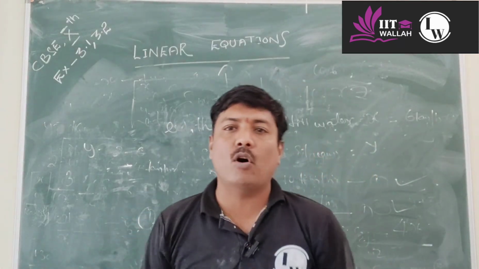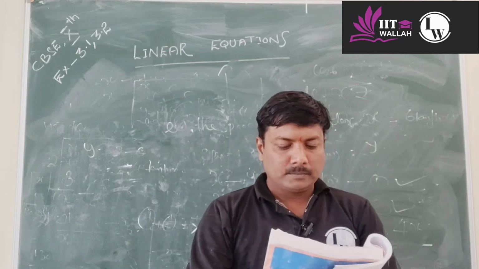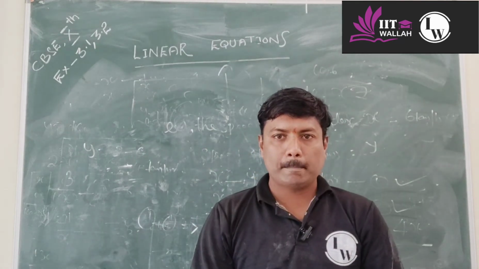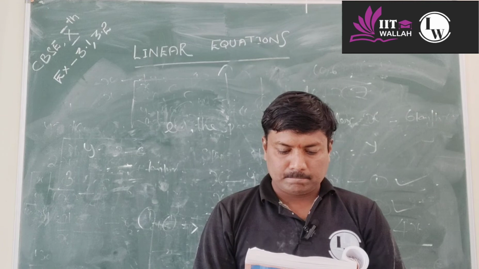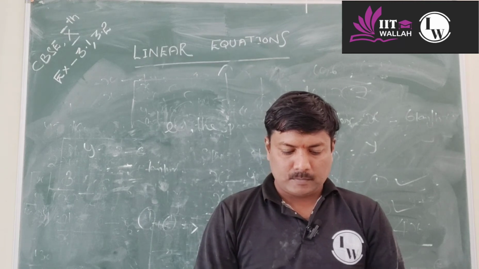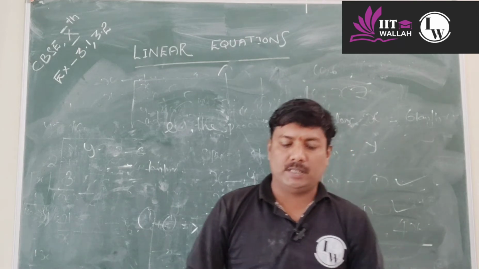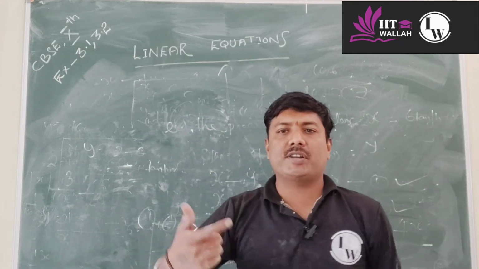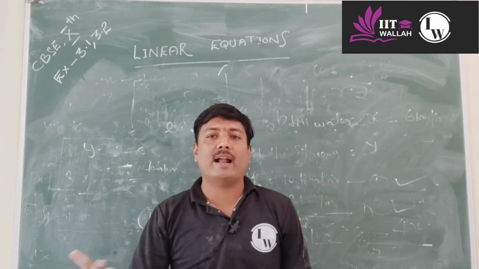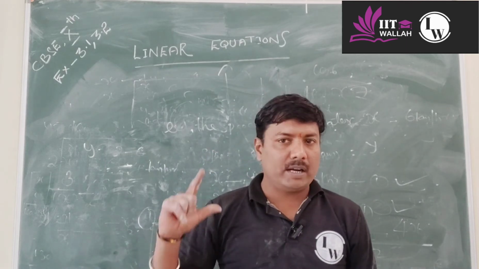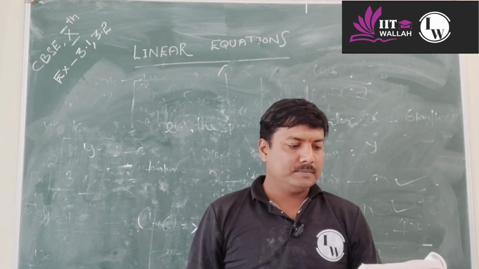So this chapter is going to be finished. Okay. So this chapter we completed. I will just read the summary so that you can understand what things we learned from this chapter.